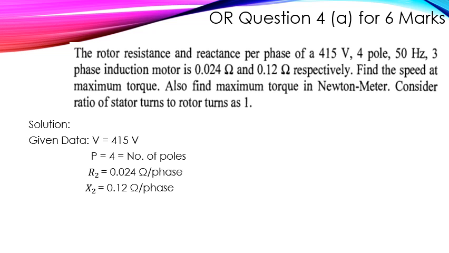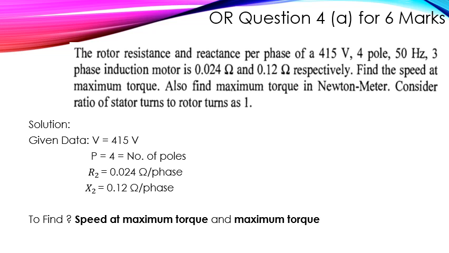So the rotor parameters are indicated by the suffix 2. That's why R2 here indicates rotor resistance and X2 indicates rotor reactance, and both are per phase values because this is a three-phase induction motor. Then what we have to determine here: speed at maximum torque and maximum torque.